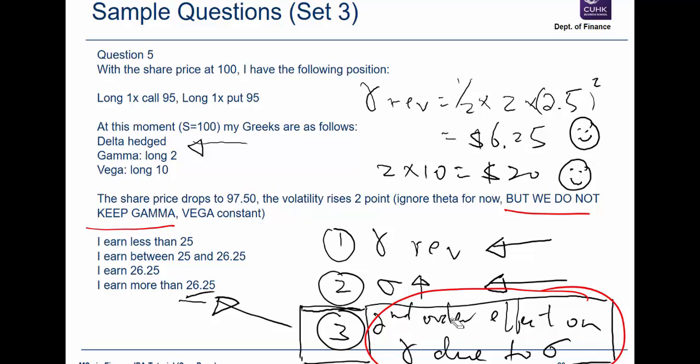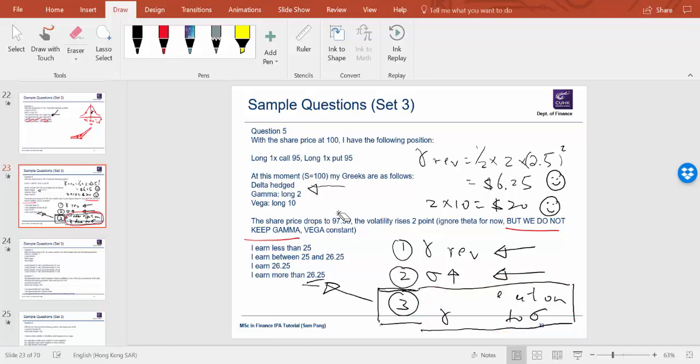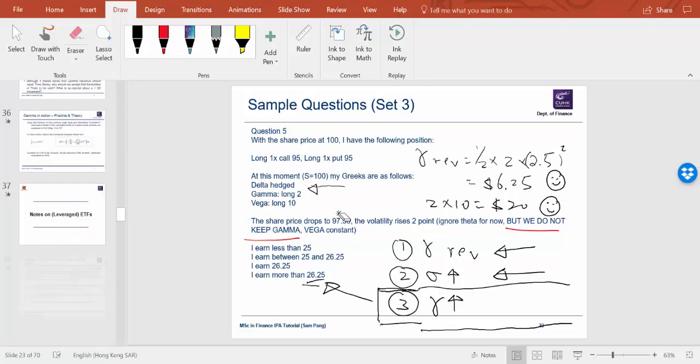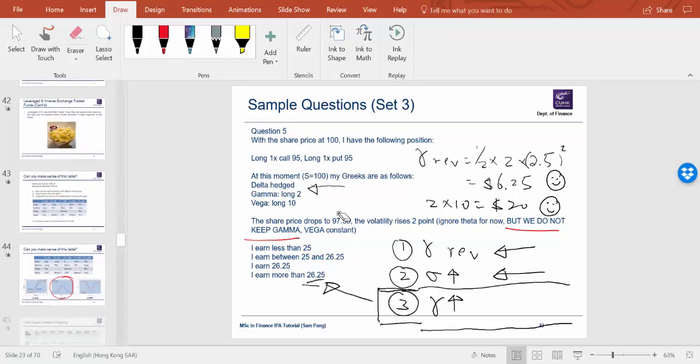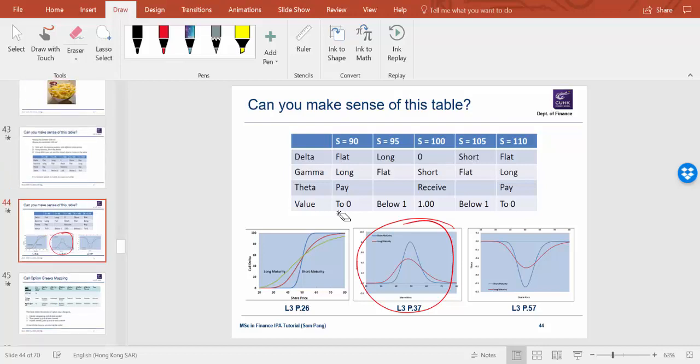So I think this question, the third consideration should be that gamma itself is on the rise, okay? Which is what we've been saying all along with all those graphs, particularly this one, okay? I think that is the point of this question.